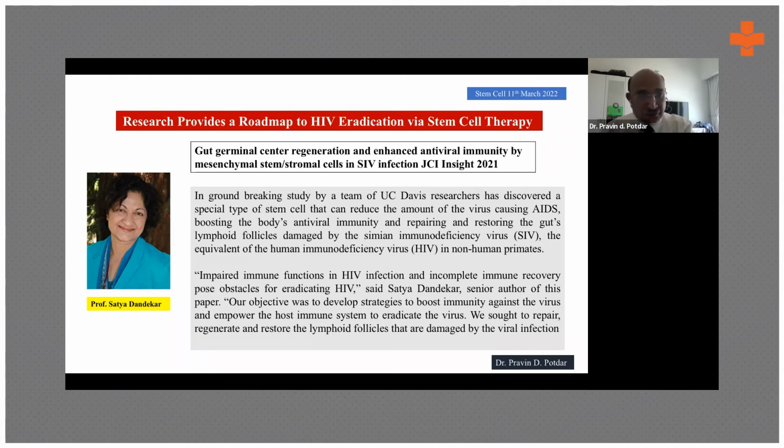What she observed is that in all the HIV patients, their CD4 counts in the gut, meaning in the abdominal or gut cavity, are reduced. They are more susceptible to the HIV infection, and that they found out.